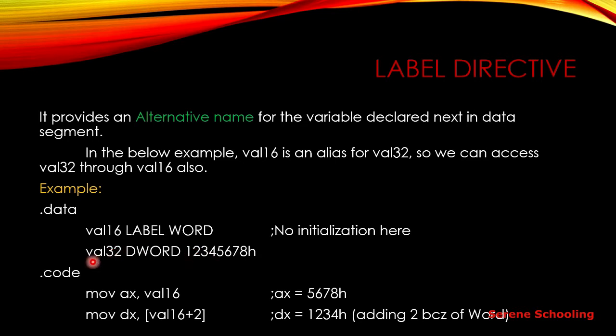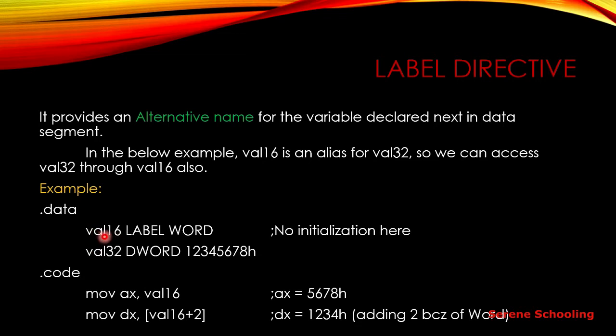This is my variable name, that is val32 dword, and this is the initialization of this variable. But I want to use a label directive, right? So for that, we know that this label directive will give us the alias name for the variable that is declared next.